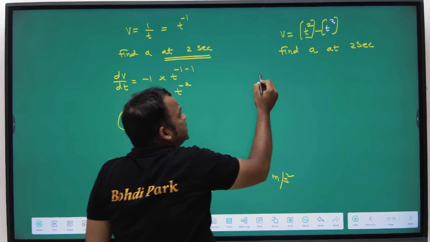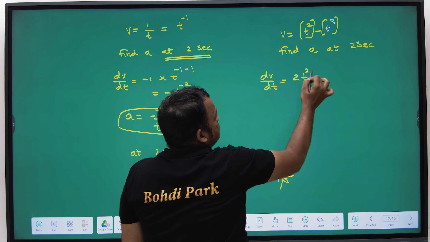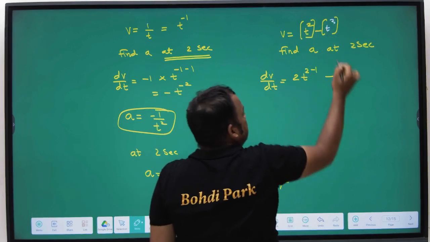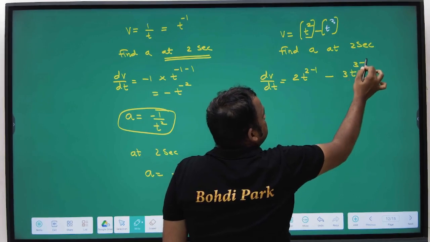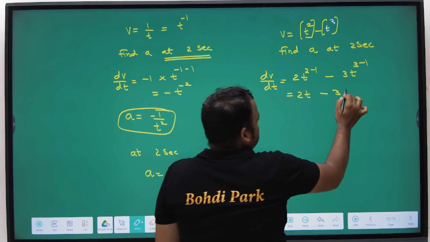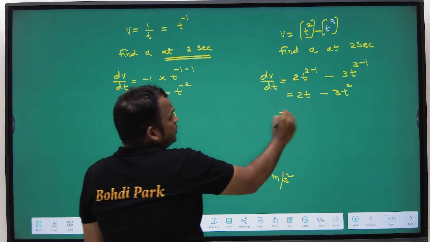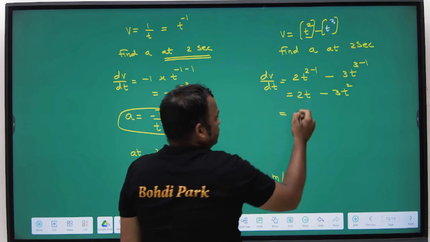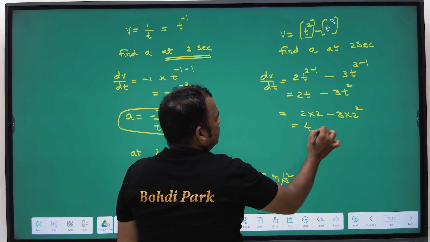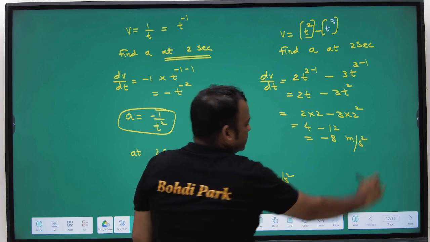So dv by dt will be 2t raised to 2 minus 1. Then the minus comes as it is. Then t cube will be 3t raised to 3 minus 1. So this is 2t minus 3t square. Now put time is equal to 2. So 2 into 2 minus 3 into 2 square. So 4 minus 12. So that is equal to minus 8 meter per second square.